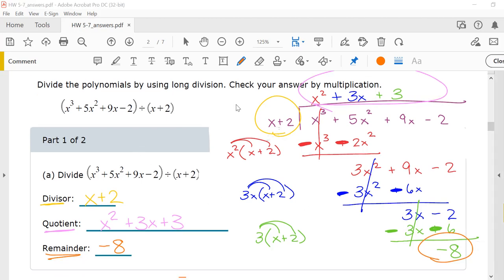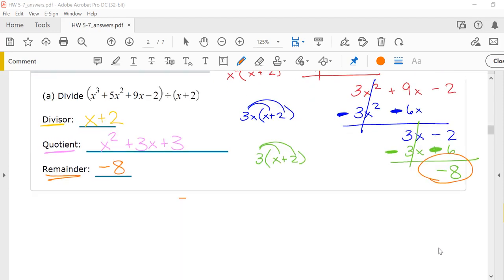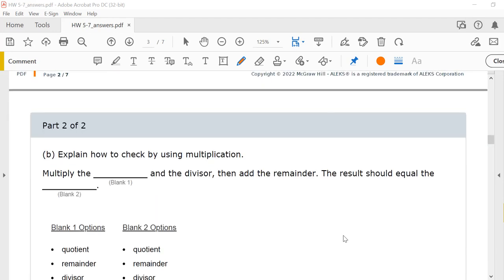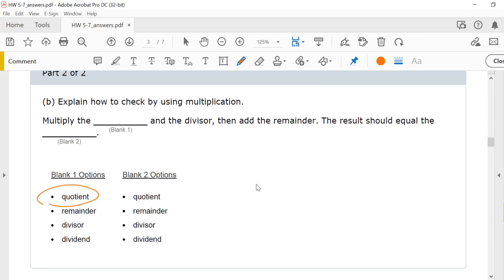Okay, the next part wants you to check your answer by multiplication. To check your answer, you're going to multiply the divisor times the quotient and then add the remainder. So down here it says to multiply the divisor by the quotient and then add the remainder. The result should equal what's called the dividend.